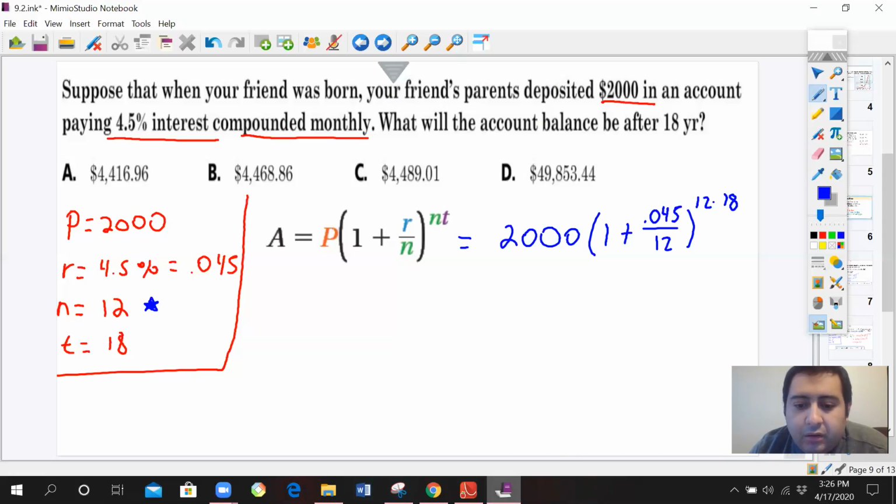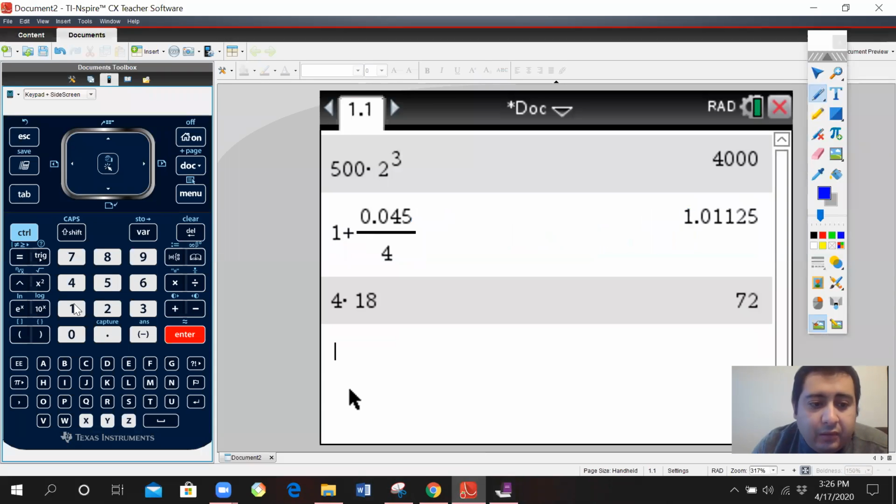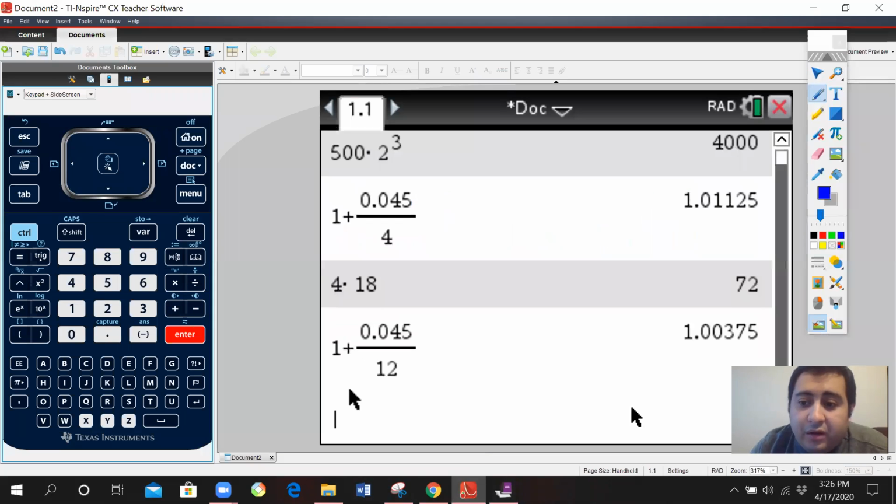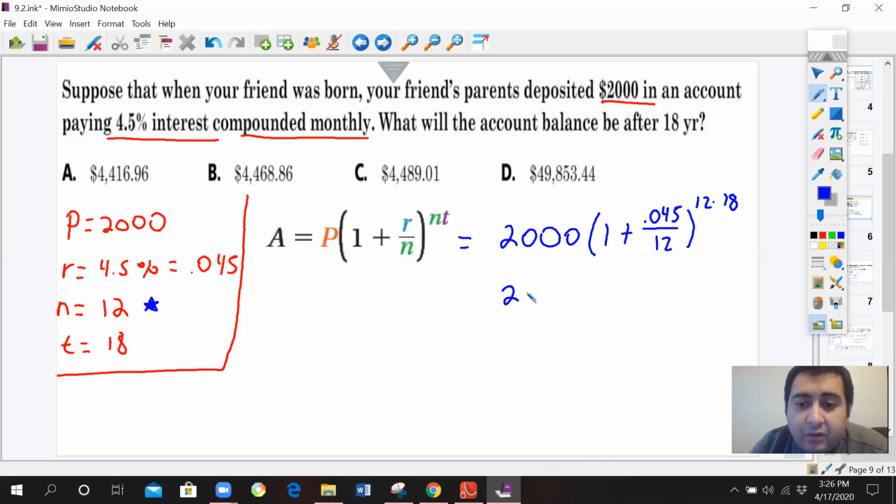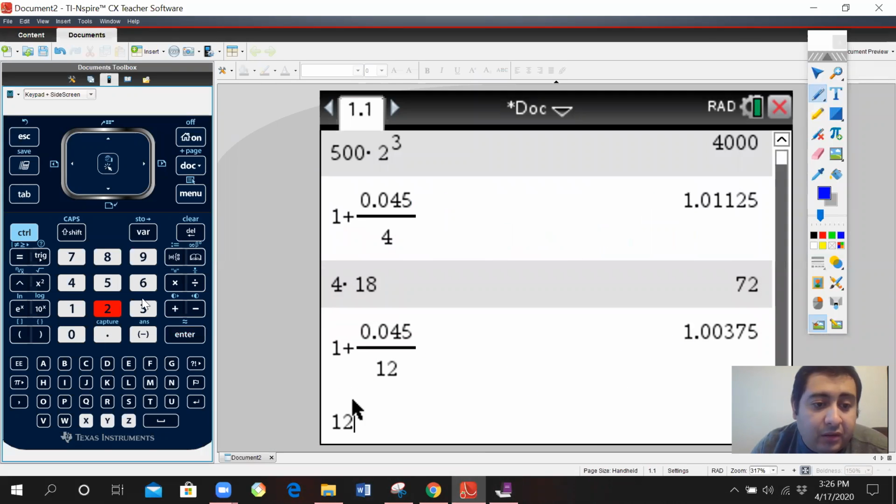All right. So again, we have 1 plus 0.045 divided by 12. We get 1.003. So you have 2,000 times 1.003 to the power of, let's see, 12 times 18.